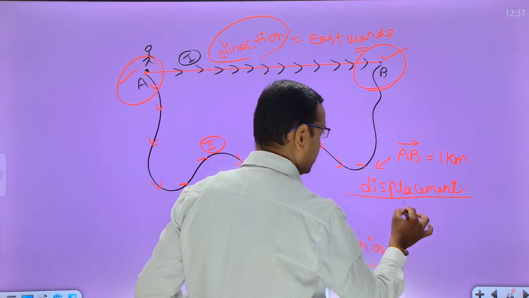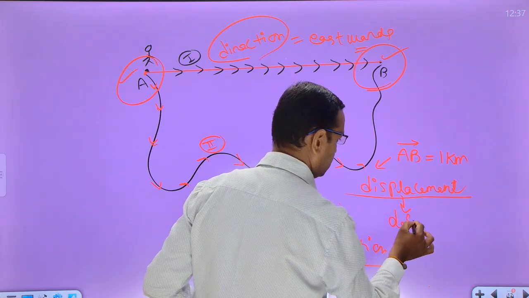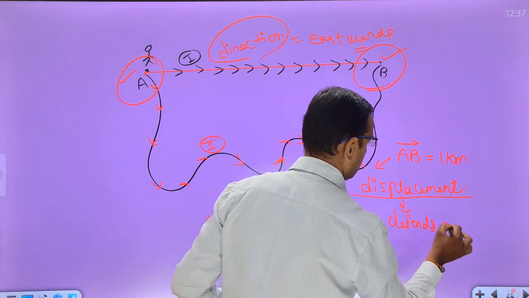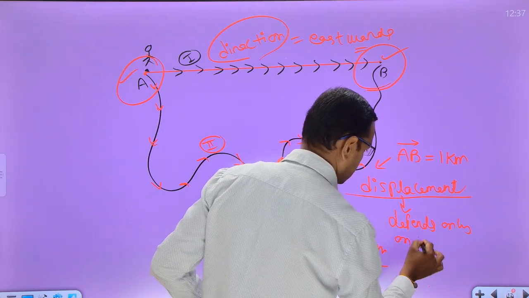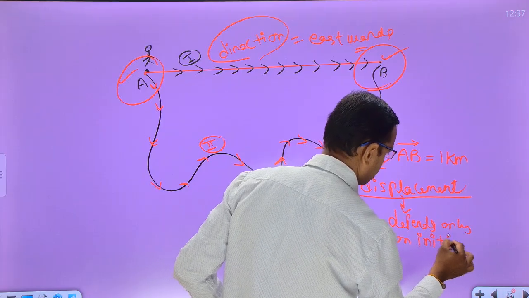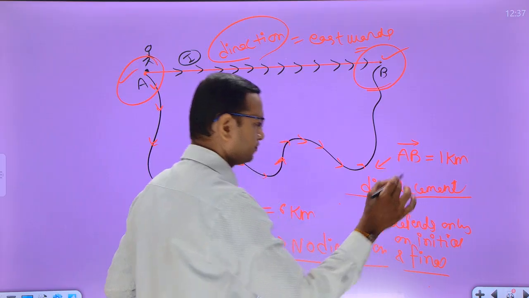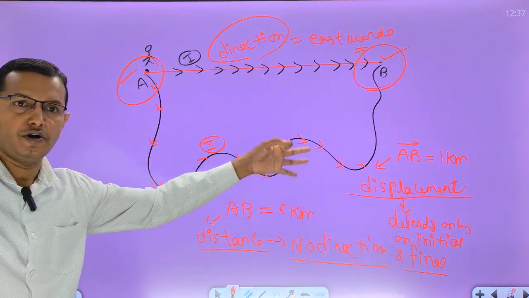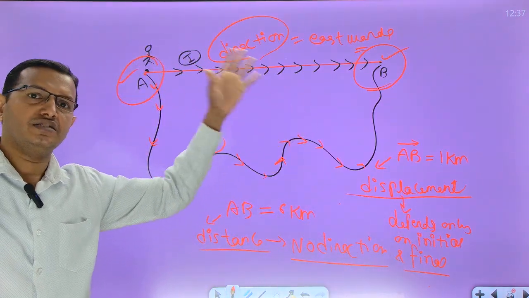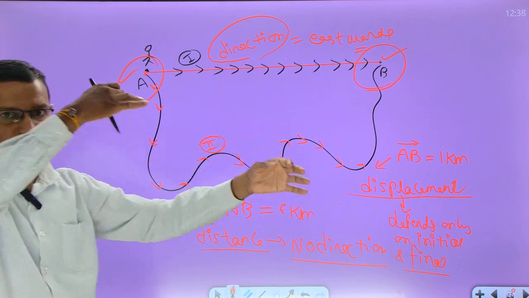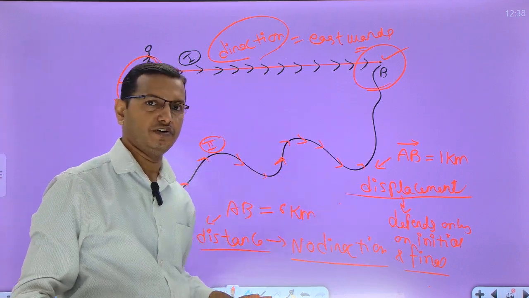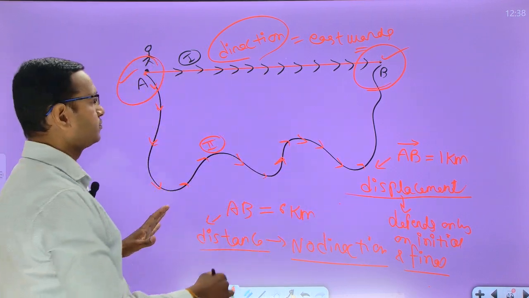So displacement depends only on the initial and final points, not on anything else. If you know the initial point and final point, that's it. Draw a straight line, measure the distance and take the direction, and that is called displacement. Finish. Hope this is clear.